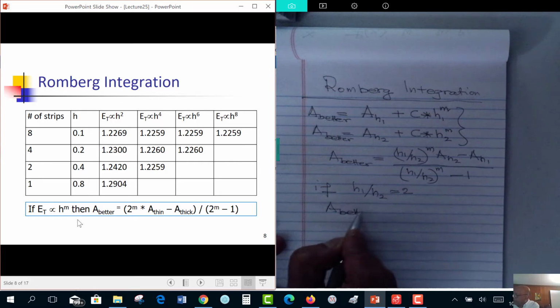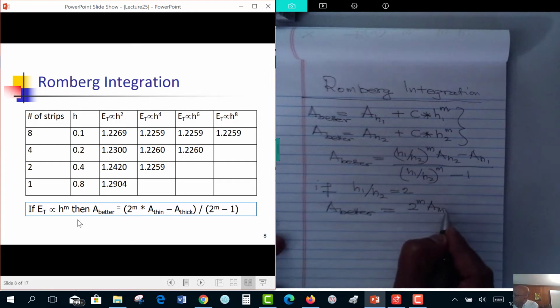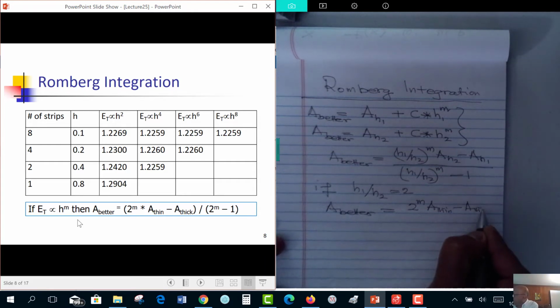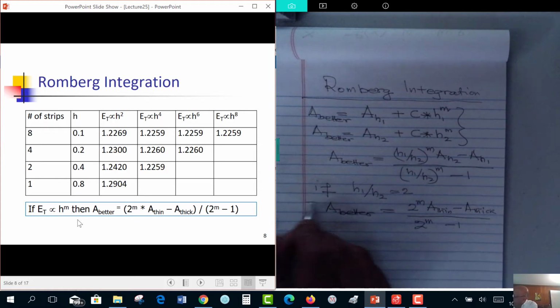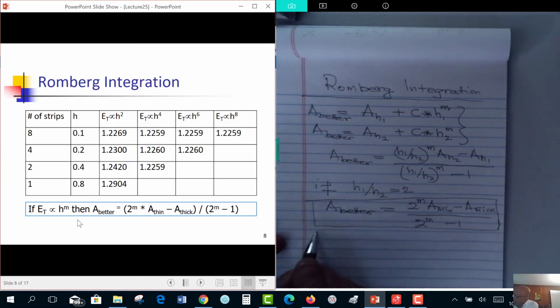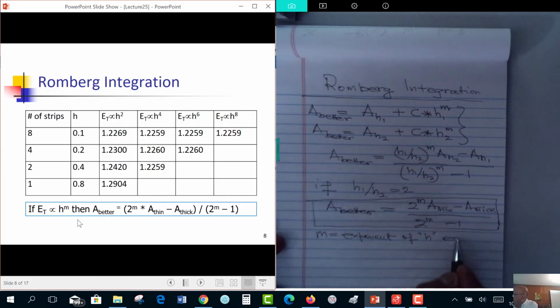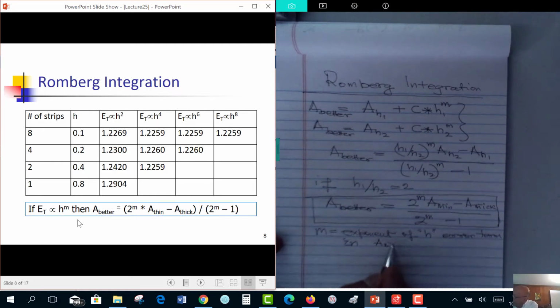A better becomes 2 to the power m times, again using thin strip minus thick strip, over 2 to the power m minus 1, where m is the exponent of h in the error term in A thin and A thick.